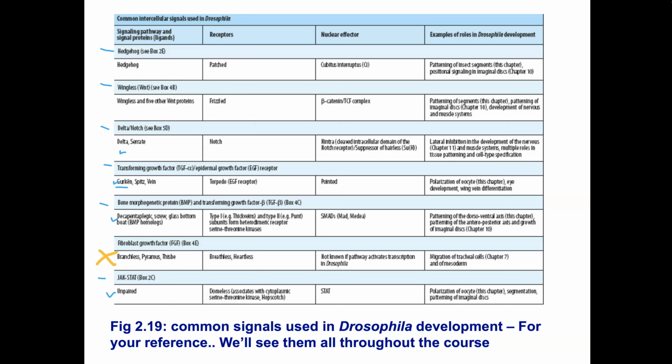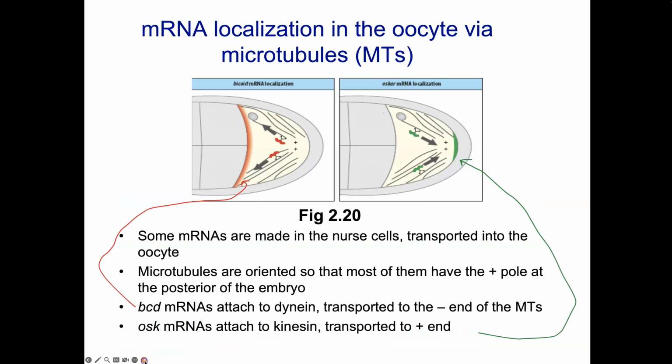So keep that in mind. And some of these other things we're probably not going to cover. And branchless, it's really interesting because it's how the tracheal system develops. However, we don't have time to cover this one. So I'm putting a big X here so that you won't spend time learning this one unless you need it for another course or something like that.